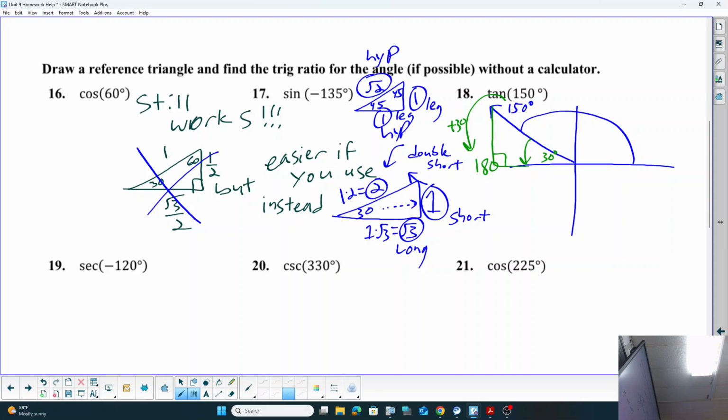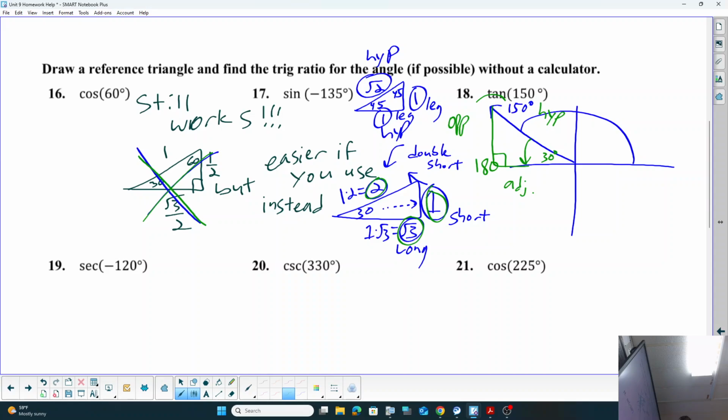Across from the 30 degrees, we're going to call that the opposite side. Closest to 30 degrees will be the adjacent side. And then, of course, this is the hypotenuse. And now we're not going to use the old one anymore. We're now going to use this. So it's a 1, 2, radical 3 right triangle.